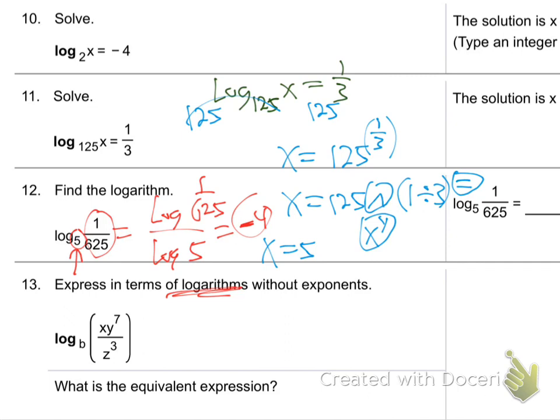So break that into 3 different logs. You can break that into 3 logs with the properties. Remember how the properties work?